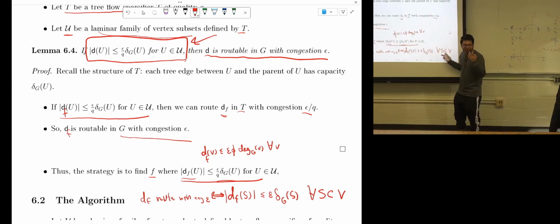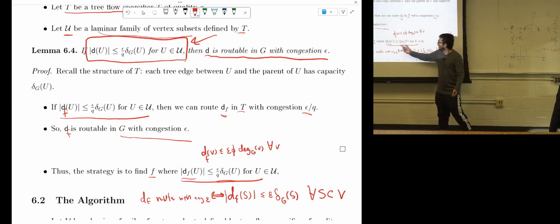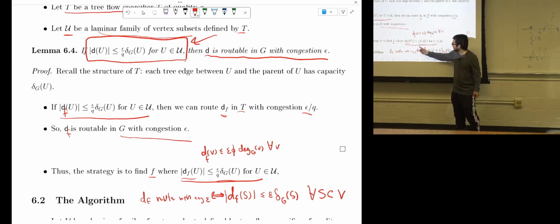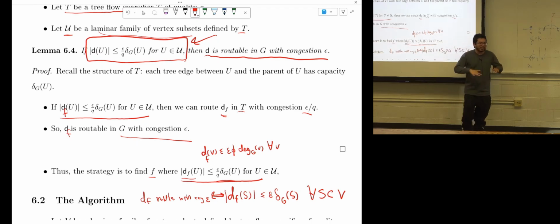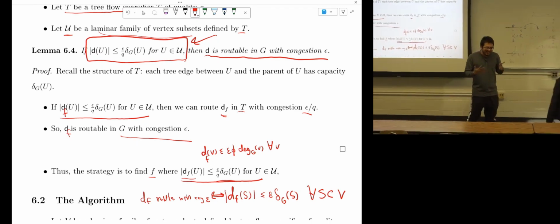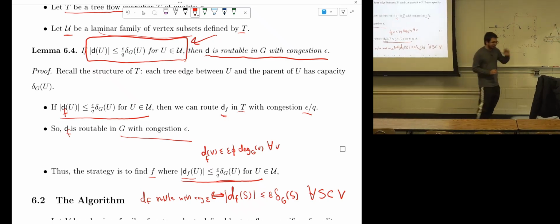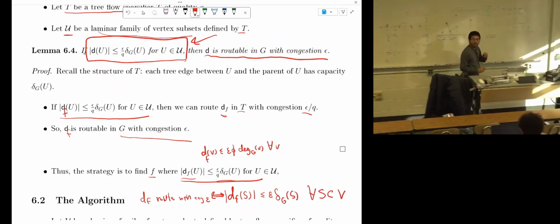But with the 3-flow specifier, now it allows you to just check 2n cuts. Super strong. You just need to make it a bit smaller than epsilon, like now it's epsilon over q. But you reduce the problem from exponentially many cuts to linear using the 3-flow specifier. Super amazing. Okay, so now let's do it.